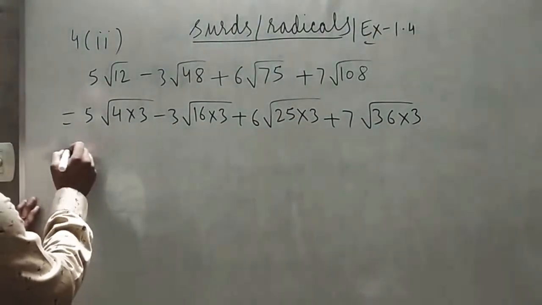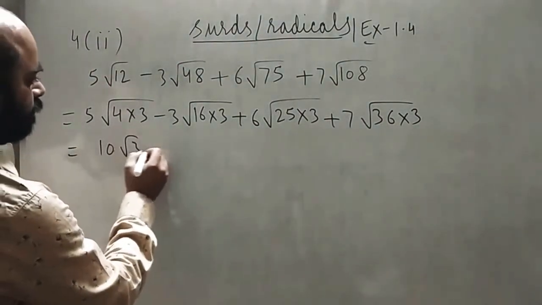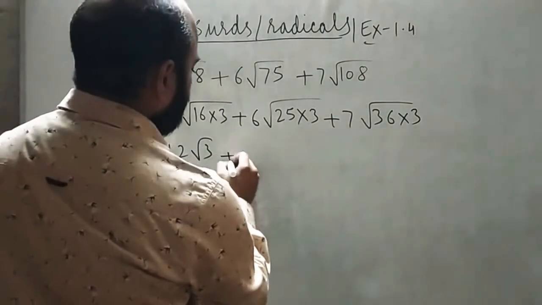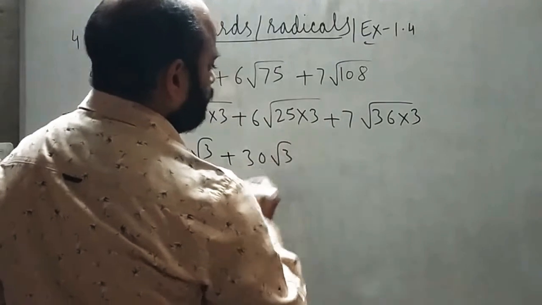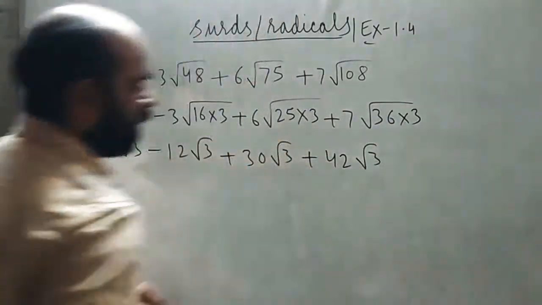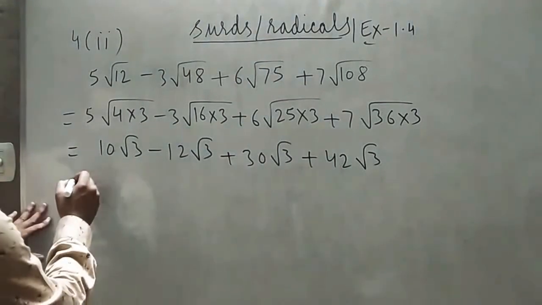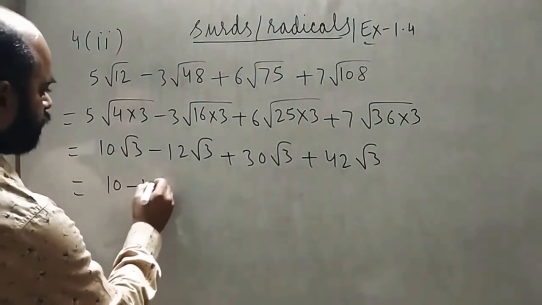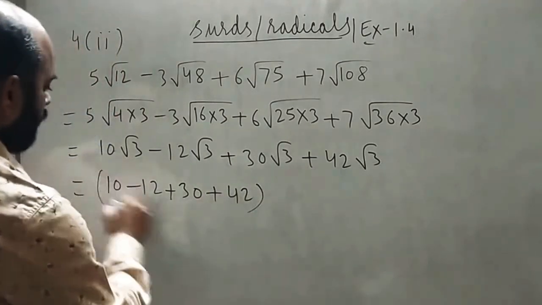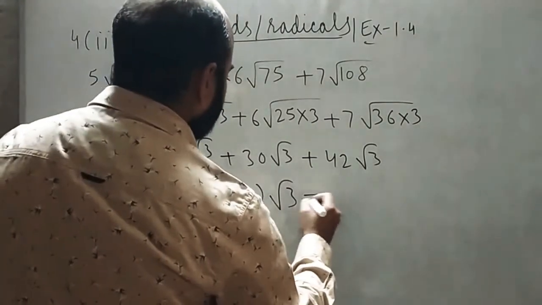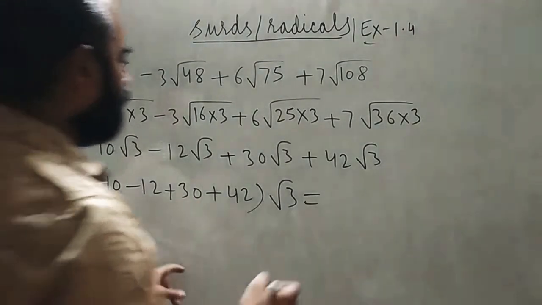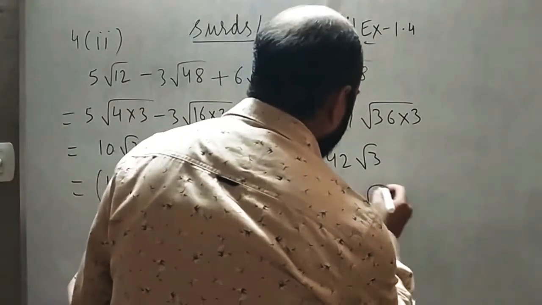Again this will be 10 root 3, 12 root 3, 30 root 3, 42 root 3. Correct? Again root 3 is common. What is left? 10 minus 12 plus 30 plus 42, and root 3 is common.